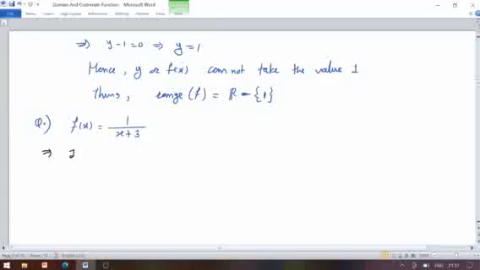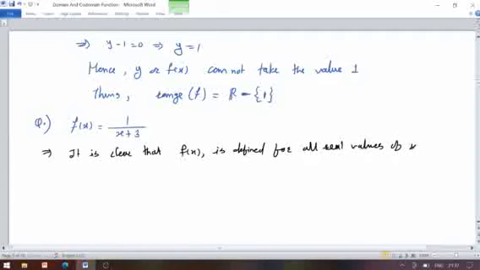So it is clear that f of x, or y, the given function, is defined for all real values of x except where x plus 3 equals 0, that is for x equal to minus 3.